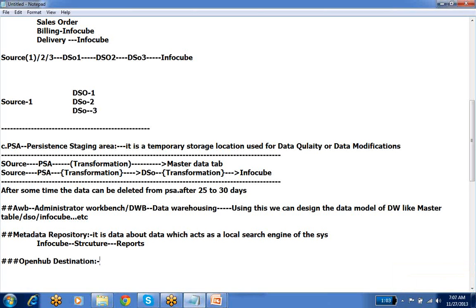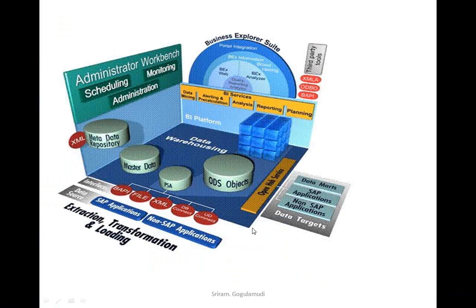So far we are loading data from the source system to the BW system, but in this case we can extract the data from the BW system to external systems, like a file system or database systems, etc. From BW system to external systems, it's a reverse process.